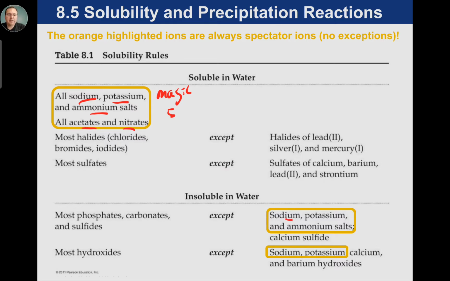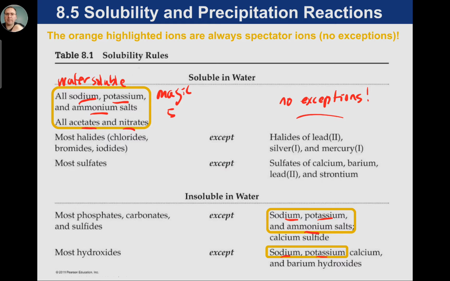Notice they're mentioned down here as exceptions because those are going to break the rules and be a reason for solubility to exist. So the important feature here is there are no exceptions. If there are no exceptions, that means we can say that these are water soluble every time we see them.